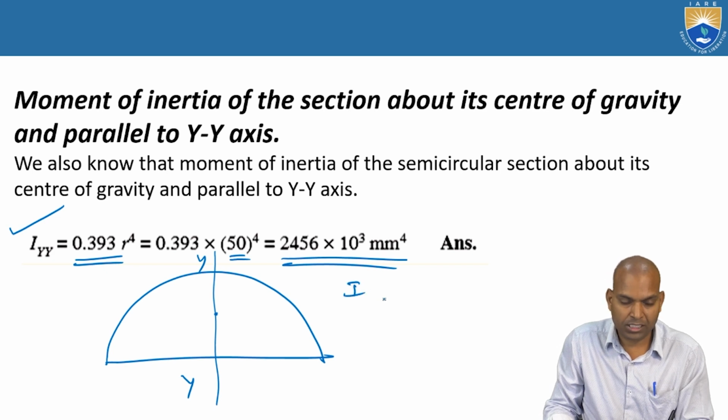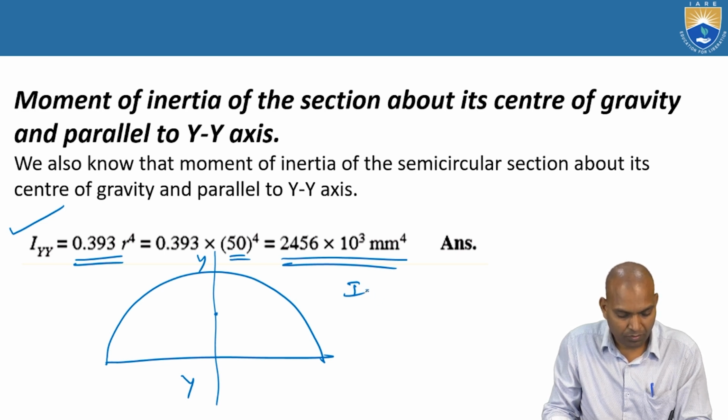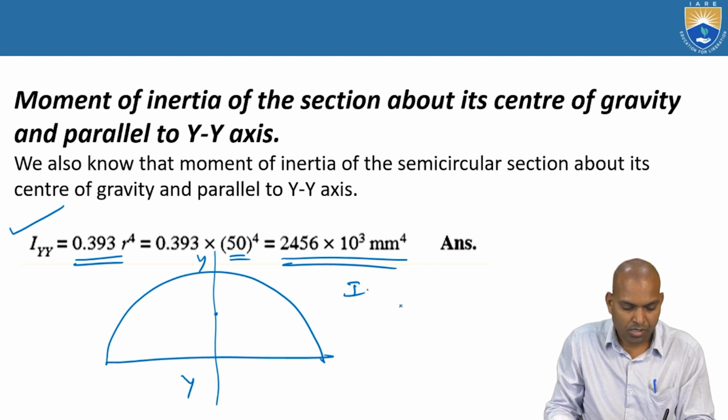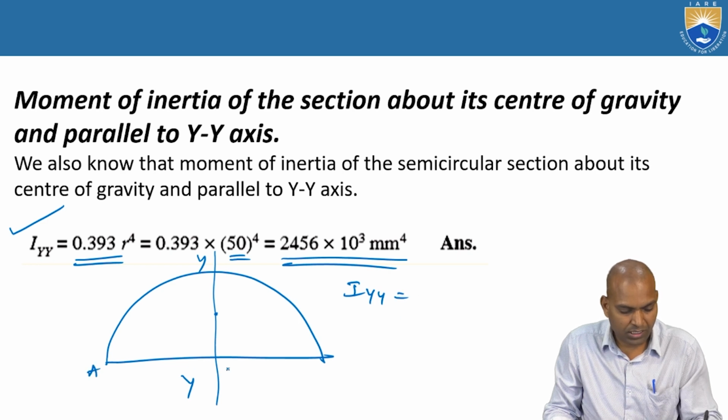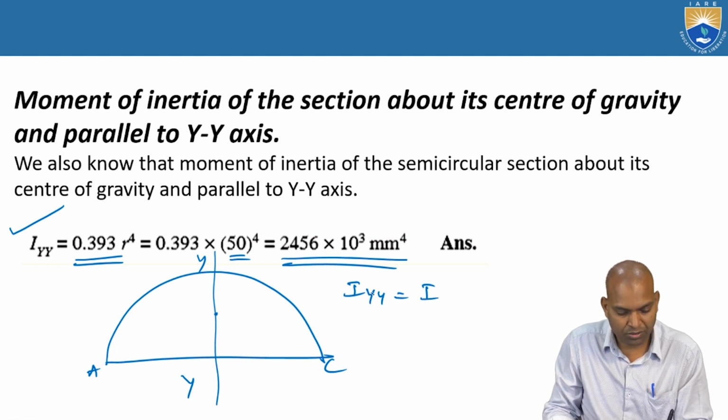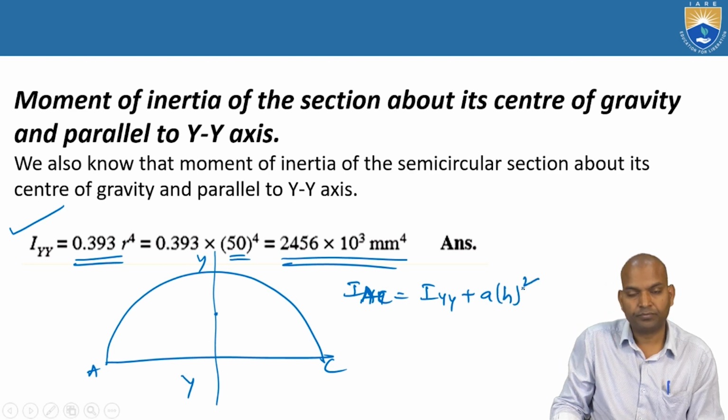By using parallel axis theorem about y, Iyy equal to, about C, the semicircular section, passing through centroidal axis. So IAC equal to Iyy plus area times h square.